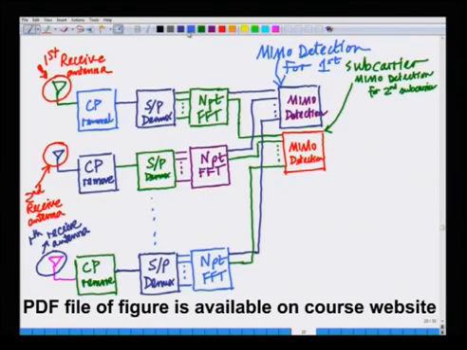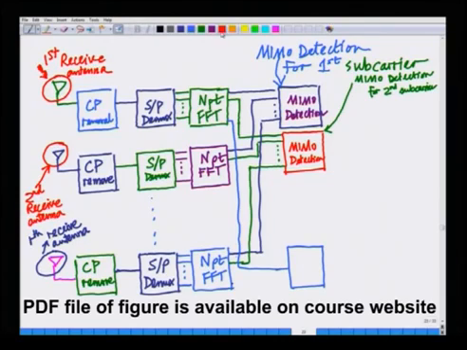For instance, one can now do MIMO detection, and this is the MIMO detection for the last subcarrier.